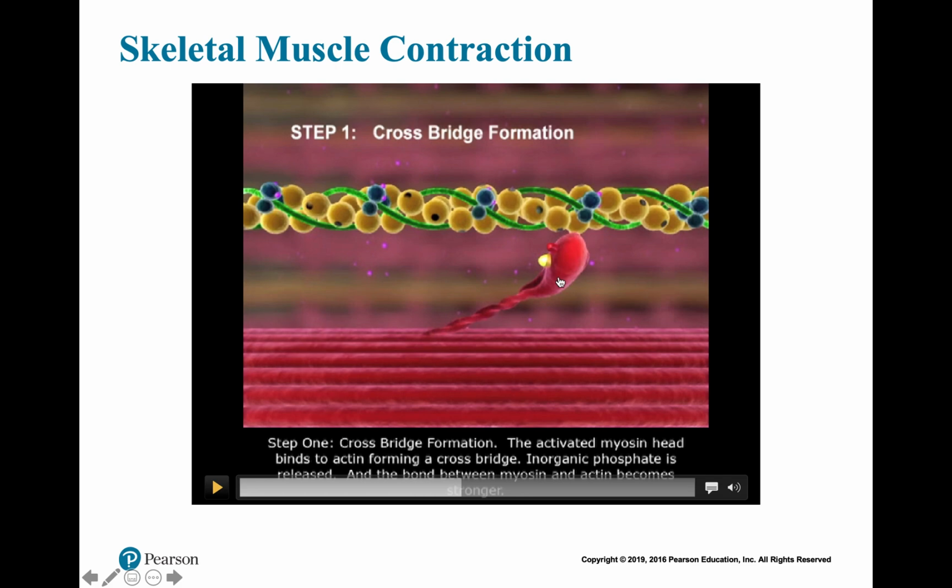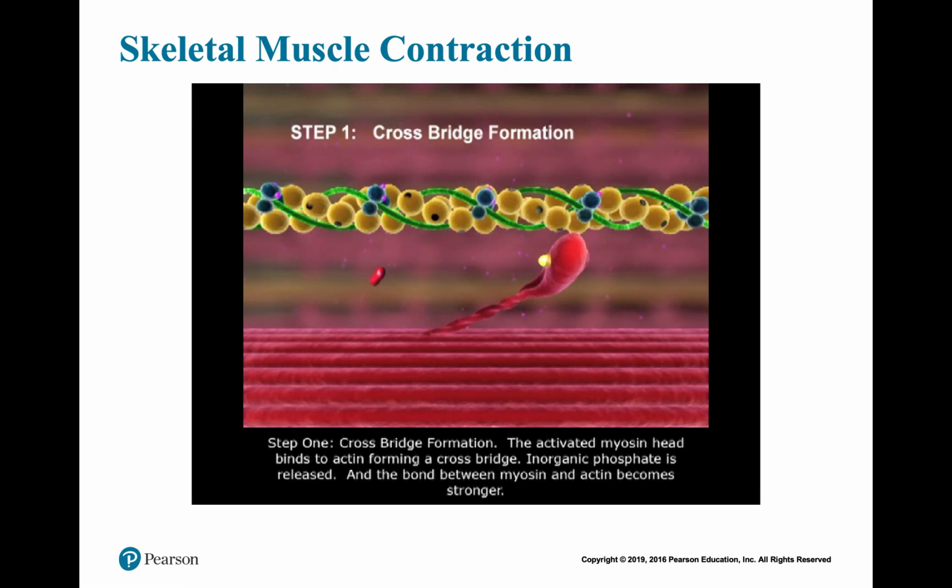ATP gets hydrolyzed into ADP and P. That hydrolysis supplies the energy to put the myosin head into the cocked position, and as long as the actin active sites are exposed, that activated cocked myosin head can bind, forming a cross bridge. Inorganic phosphate is released, and the bond between myosin and actin becomes stronger.